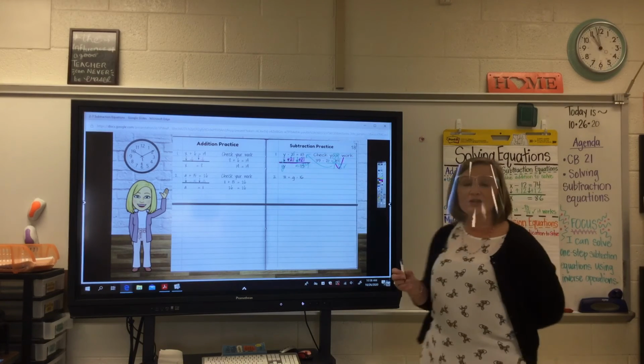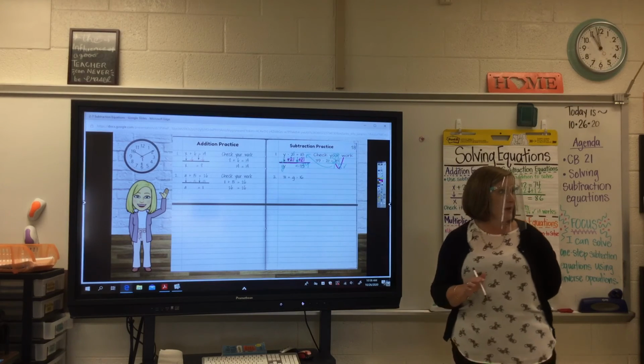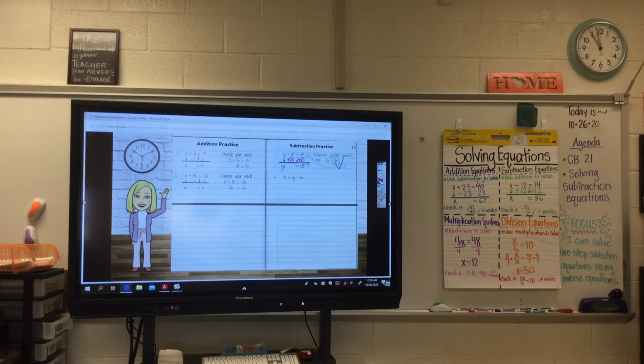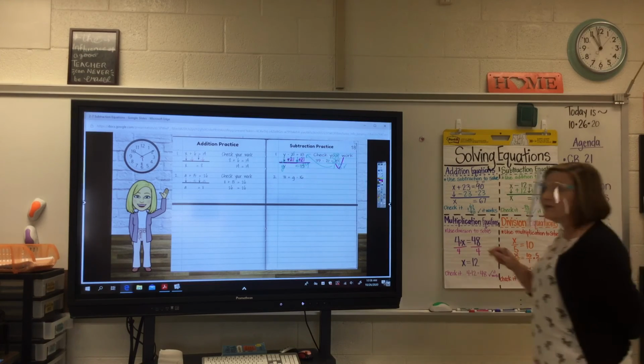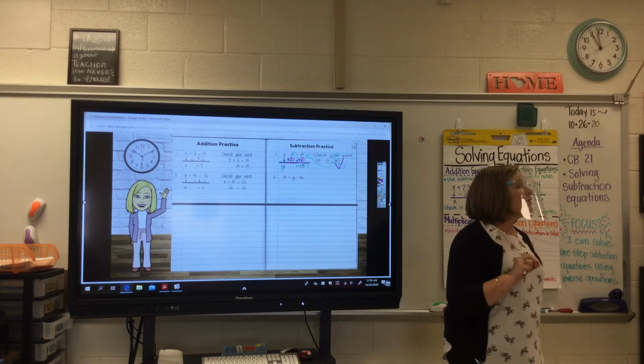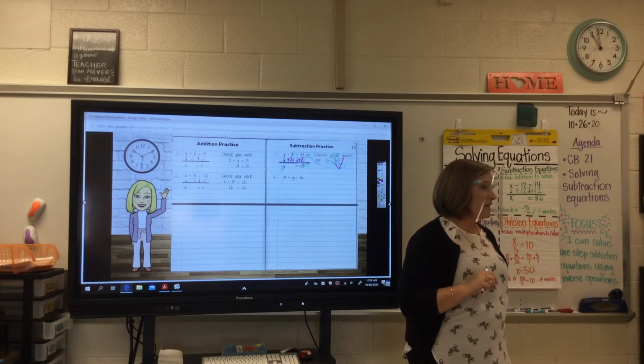We just have to make sure that we isolate the variable, that we get the variable by itself. When you have subtraction, it can be a little bit tricky if you start switching around, and you could make a careless mistake and switch the wrong thing. When we're doing subtraction, it's easier if we just leave it like this and work it out.